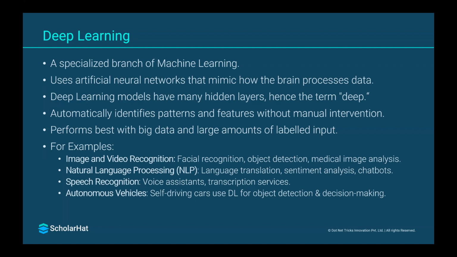Deep learning we always perform on a big size of data, a large amount of labeled data input. Examples for deep learning are image and video recognition and facial recognition. Let's say you have to read the face of a person, whether the person is happy or sad.